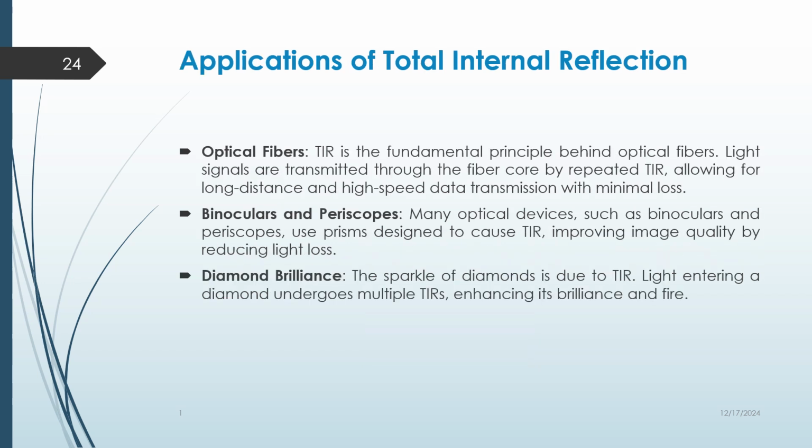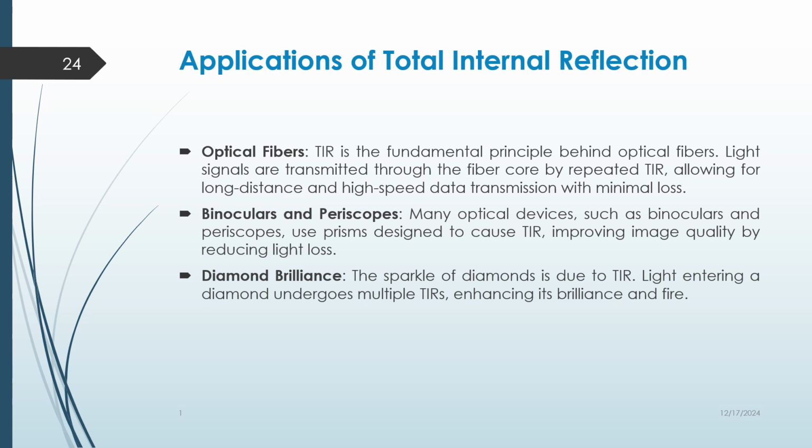Now the applications of total internal reflection. In optical fibers, total internal reflection is the fundamental principle behind the optical fiber. Light signals are transmitted through the fiber core by repeated total internal reflection, allowing long distance and high speed data transmission with minimum loss.